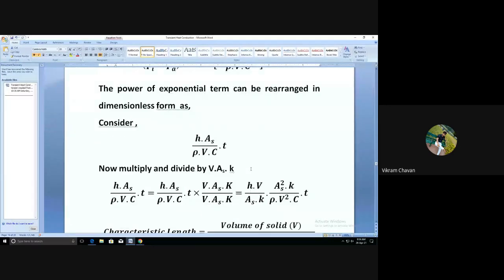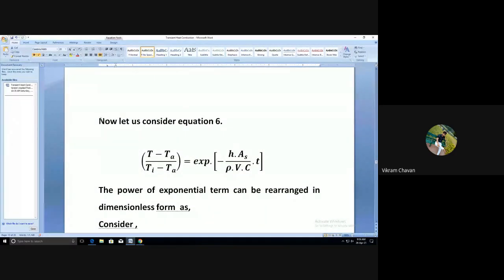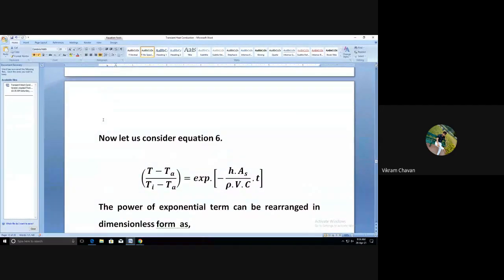Write down the power of the exponential term, everyone. Further, we have reached up to this. Now let us consider equation number 6.